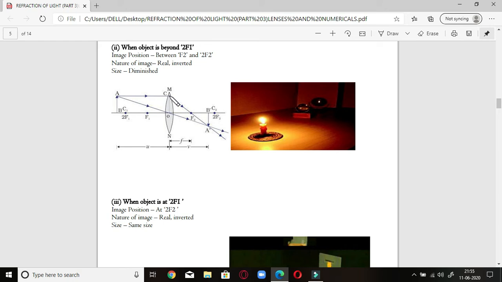After going in the center, this will pass through f2, right, and we'll show arrow, of course. Second ray is passing straight through the optical center. They'll cut at one point and will meet at one surface, that is between f2 and 2f2, and the image formed will be real, inverted, as well as smaller in size as compared to that of the object.